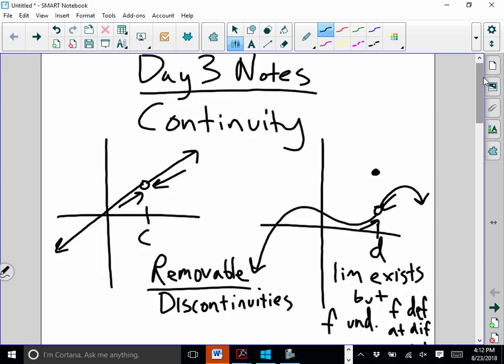But take a look at the graph on the right. Our limit exists there. Our function is defined there. But clearly it's not continuous. So we need a third step for this case, a removable discontinuity, a hole that's filled in somewhere else.